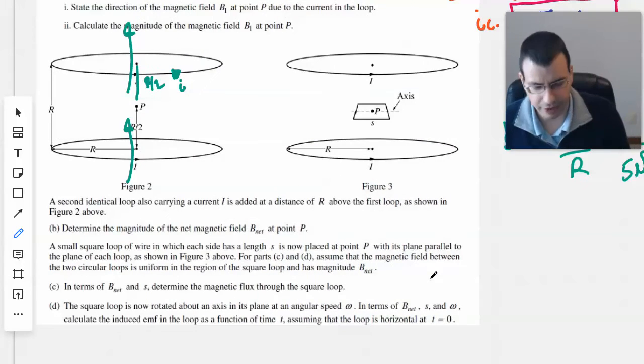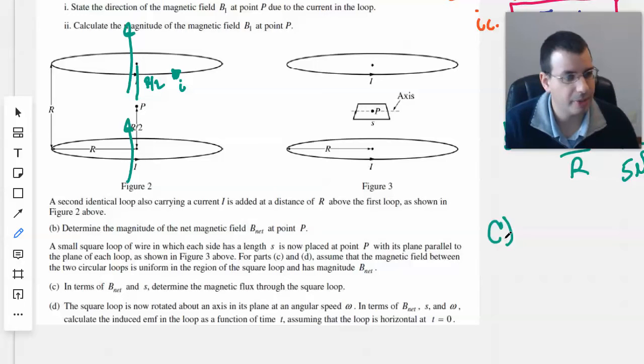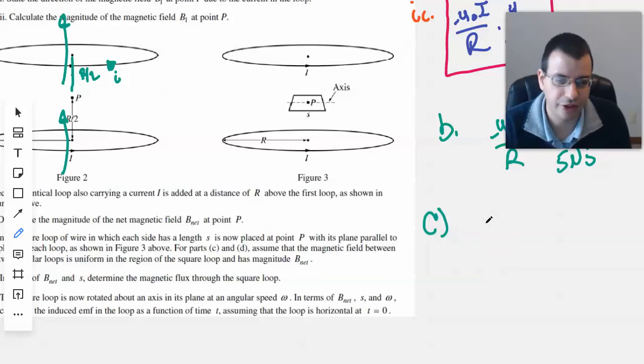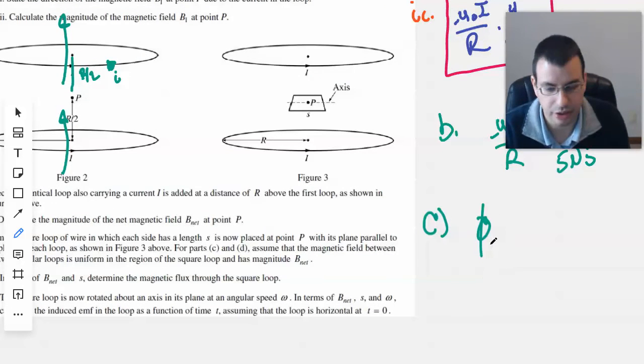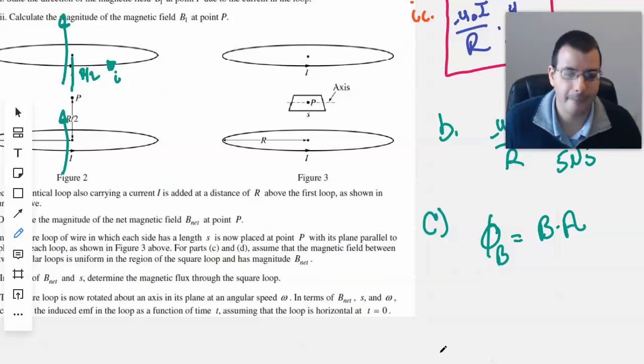I'm not sure if we talked about magnetic flux yet, but we've talked about electric flux and flux in general. So the idea with flux, I'm going to write it as phi B, for magnetic, will equal magnetic field times area.